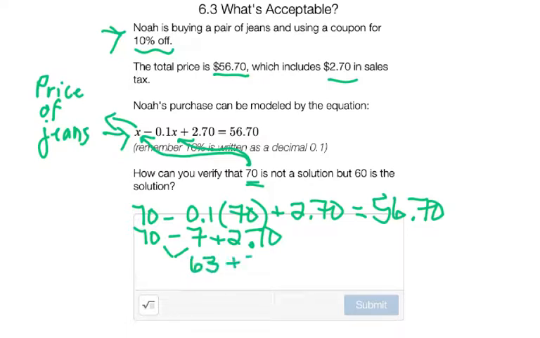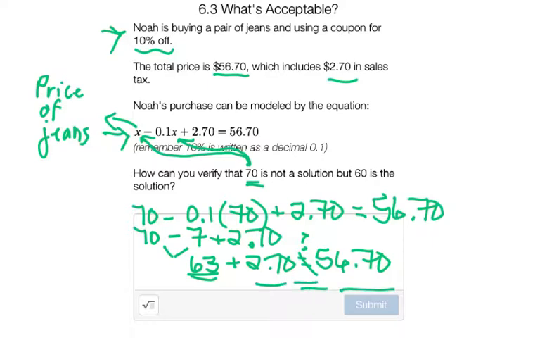And 63 plus $2.70, does that equal $56.70? No, because 63 is too much money and I'm adding more. So this does not work. I can verify that it's not a solution because this side is not equal to that side.